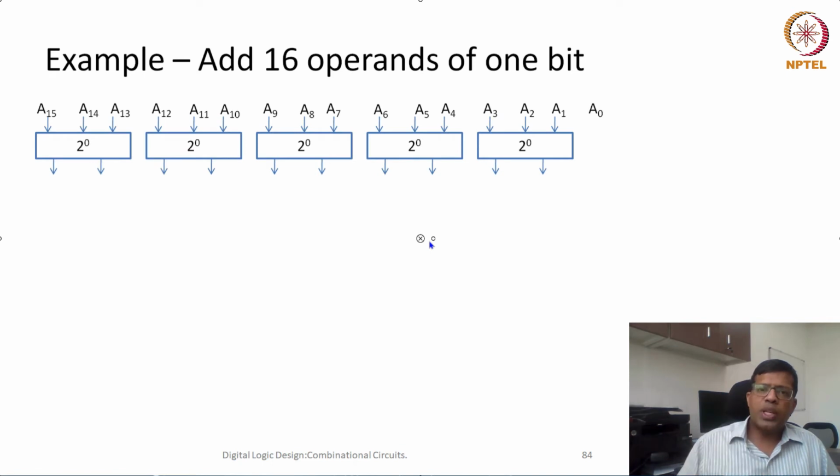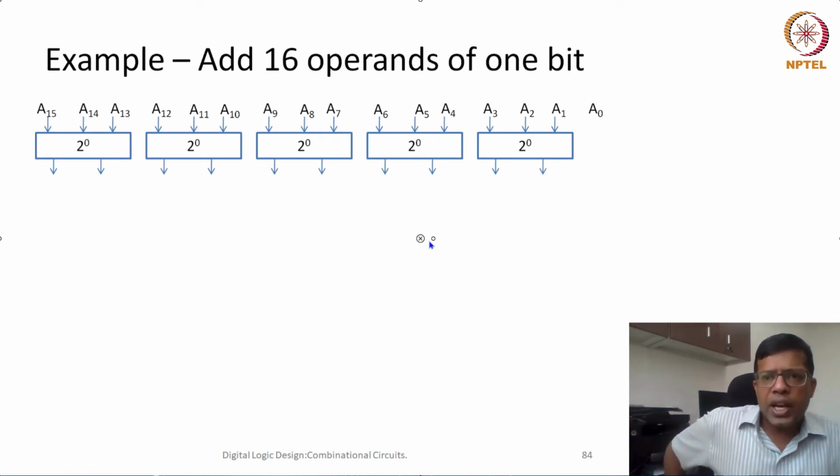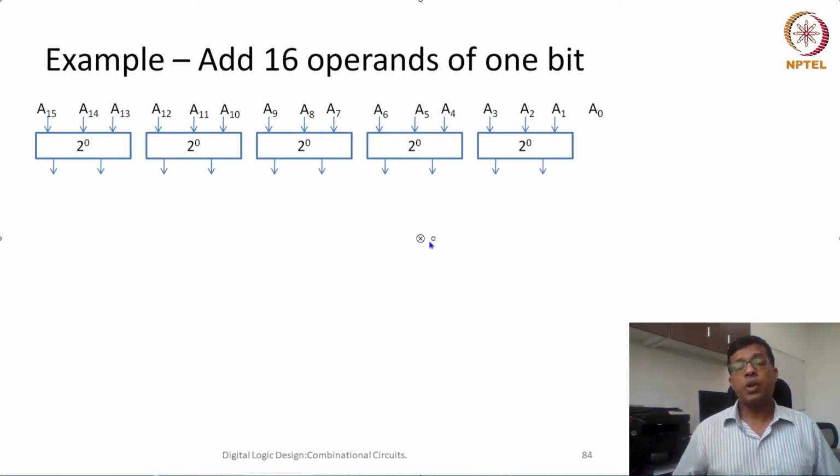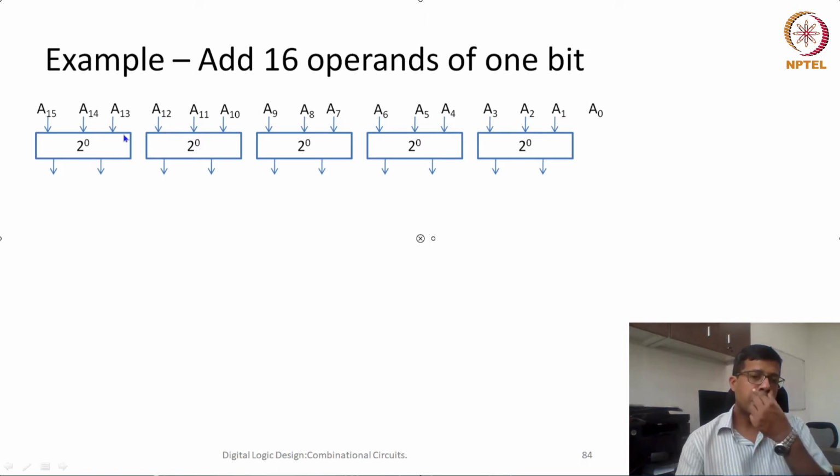So what we can do is use our full adders. If we use full adders, then we can group 3 bits at one time, 3 bits at another time. So basically we can use 5 copies of full adders, each of these full adders adding units place.